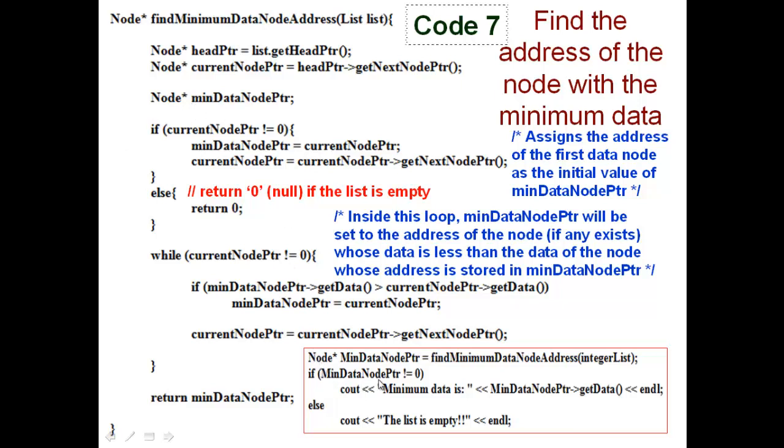So min data node pointer arrow get data will print for you the data at that node that has the minimum data. So this min data node pointer in the main function will take up the value of this 900 that you're returning, and using that address you can refer to that node at that address and print its data, and that's what I'm doing here.